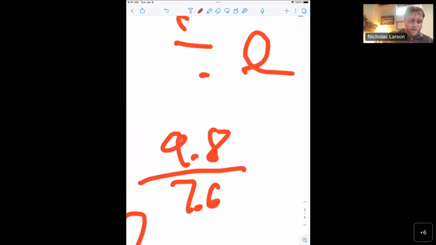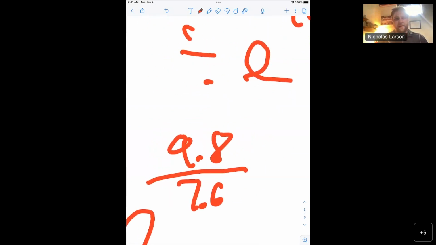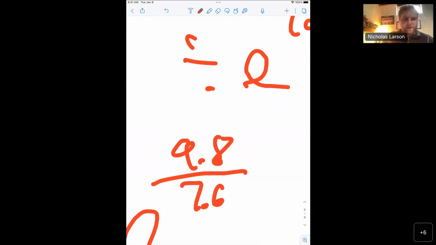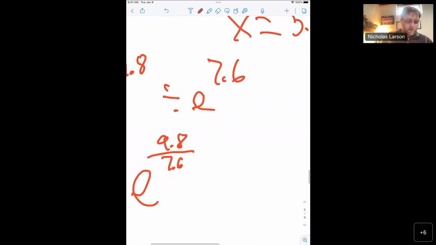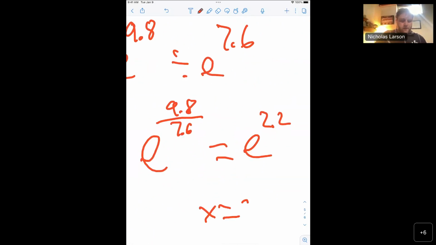And then I know that when I have something like this, division in my exponents, I can just subtract them. So what's left? 2.2. Find out what e to the 2.2 power is, and round that to 2 decimal points. So I got x equals 9.03.